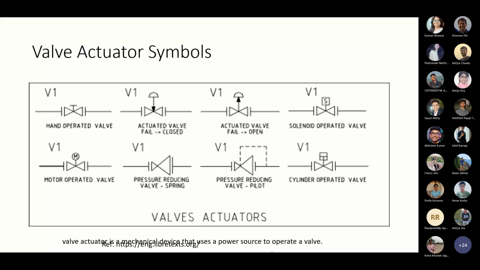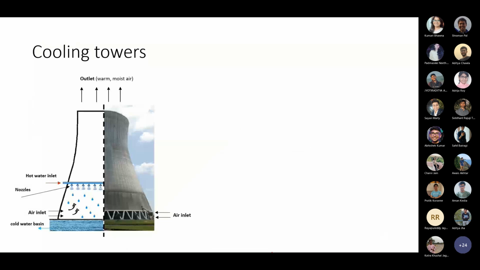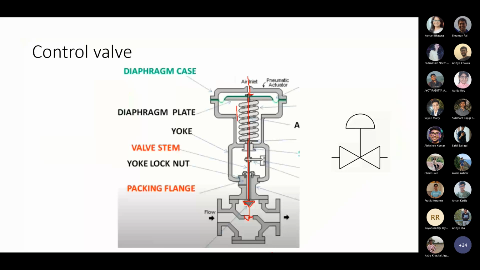Then we have valve actuators. When I explained the control valve, I showed you here that when you move the spring down, the valve seat moves down and closes it.